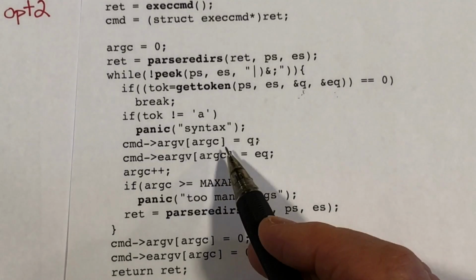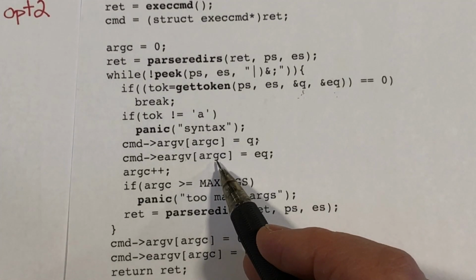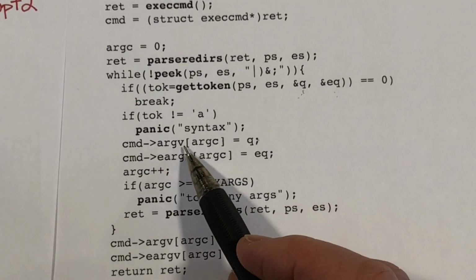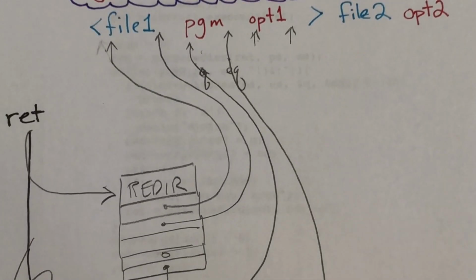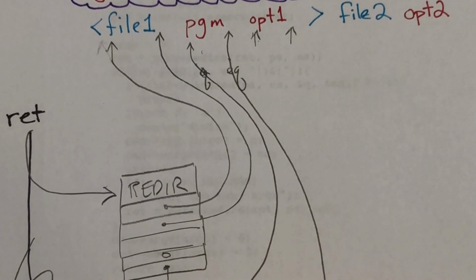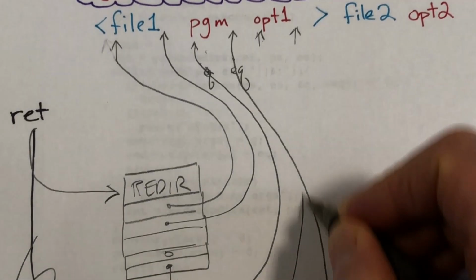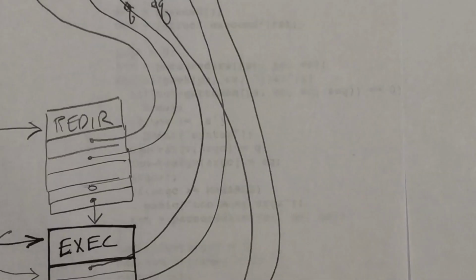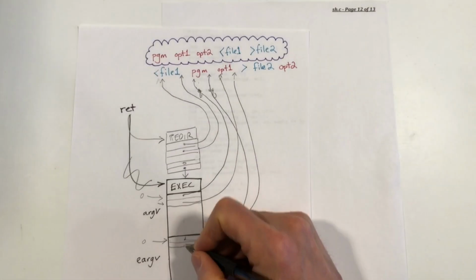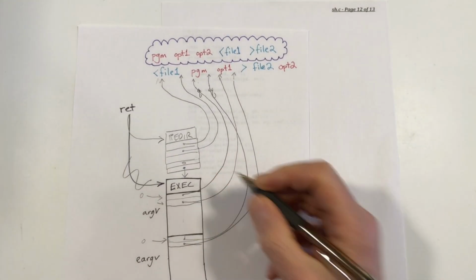So now at this point, we're going to fill in those pointers in the argv and the eargv. At this point, argc is 1, and we just fill in pointers here and here. Okay, my diagram's getting a little bit messy here, but I think you get the idea.